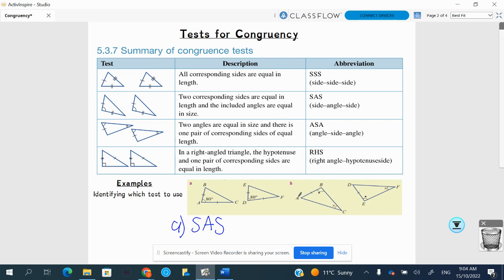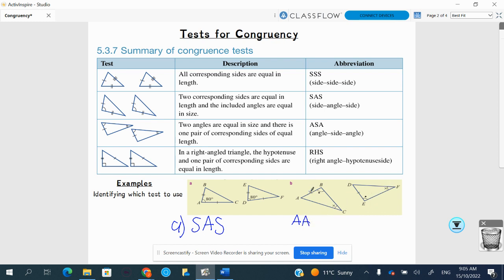Over here, we can see that angle ABC is equal to DEF because both of these angles are the same as indicated by this little circle. So that is an angle. We also have this angle DFE, which is equal to BCA, indicated by the little X. So we have another angle.